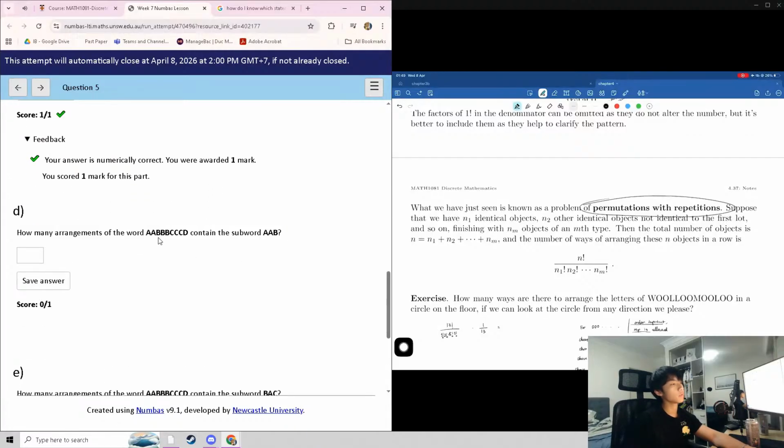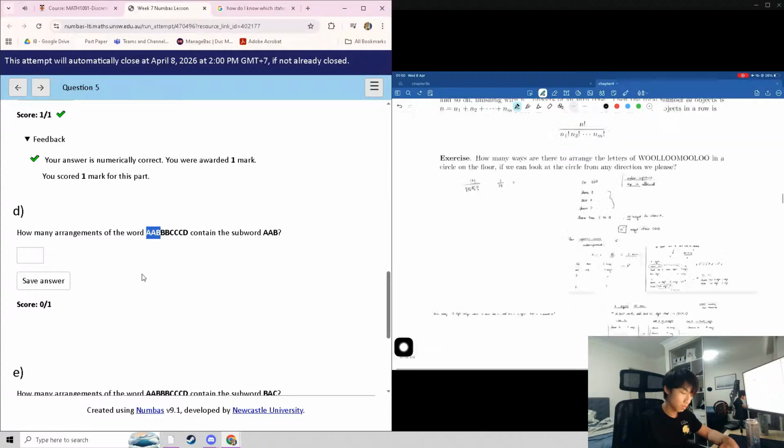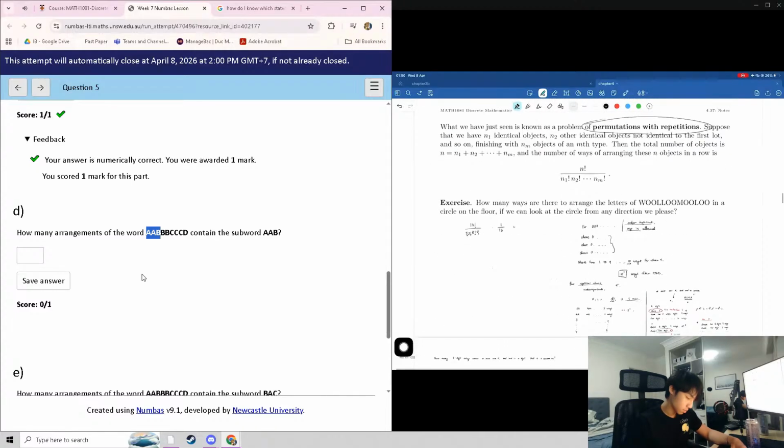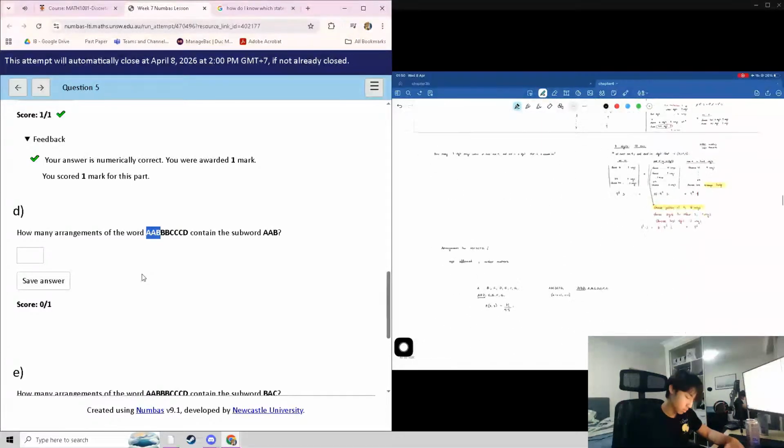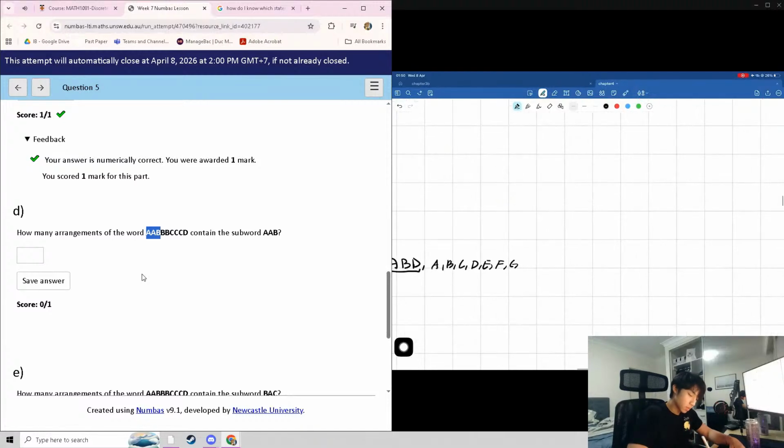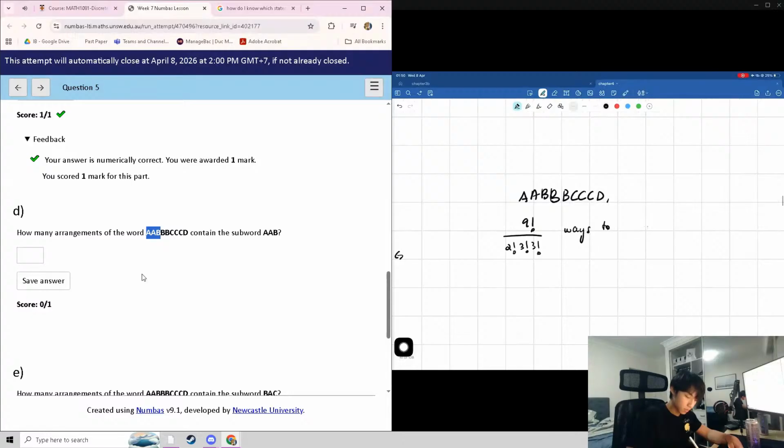How many arrangements of the word containing subword AAB? So we're doing a block, right? So we have AABBB, CCCD, and that's 9 factorial over 2 factorial over 3 factorial over 3 factorial ways to arrange.